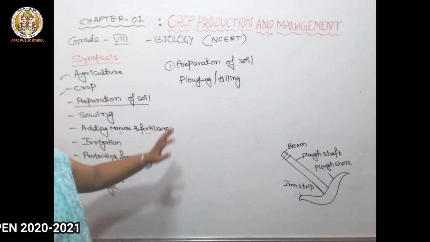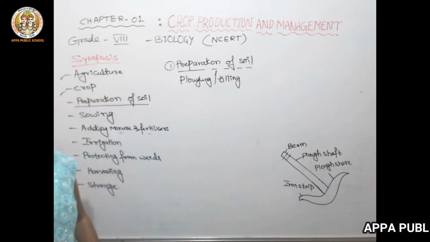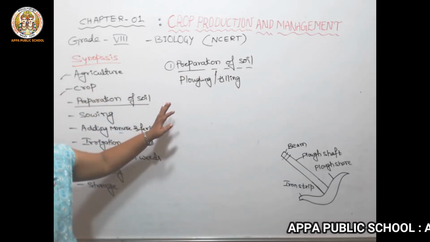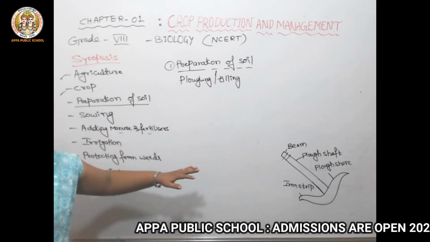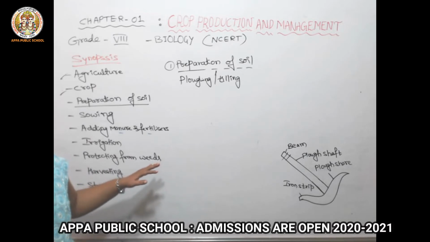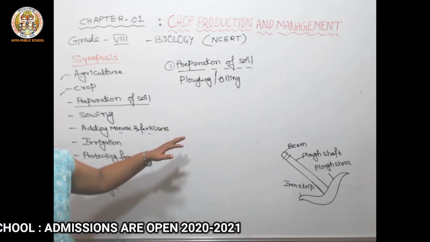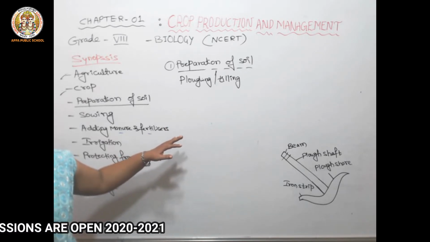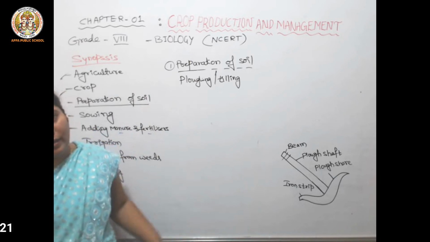So preparation of soil means, whatever in the previous cycle we have harvested the grains, in that particular field, now the field is completely free because the grains and the crops are harvested over there. So now that field is not fit to go for the next sowing process immediately. We need to go for preparing that soil.